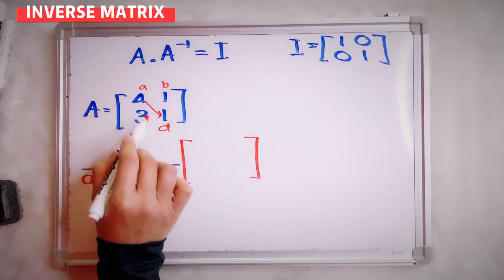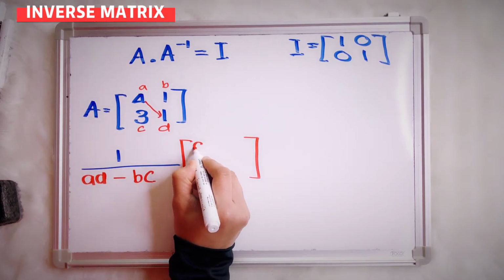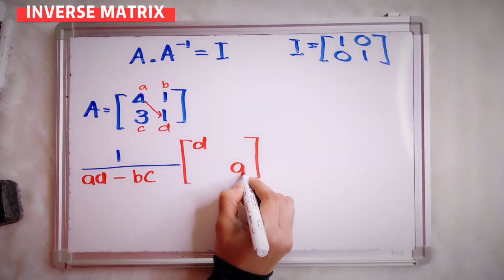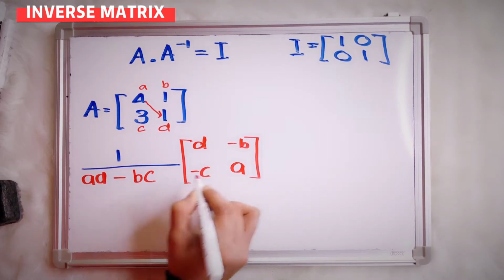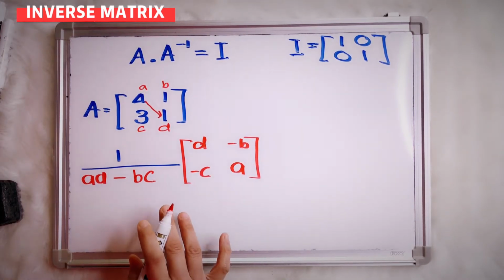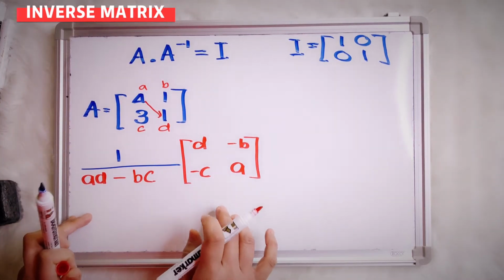So here is A, so here is D. So you have to put D up here, A here. So here become negative B, and here is negative C.